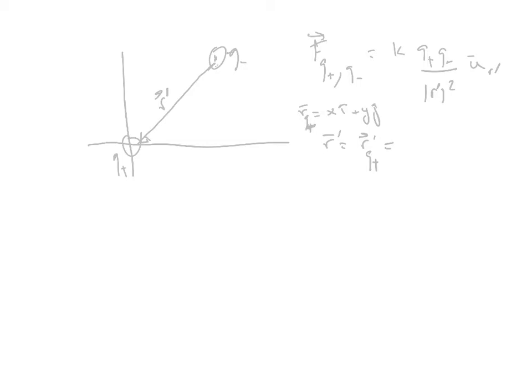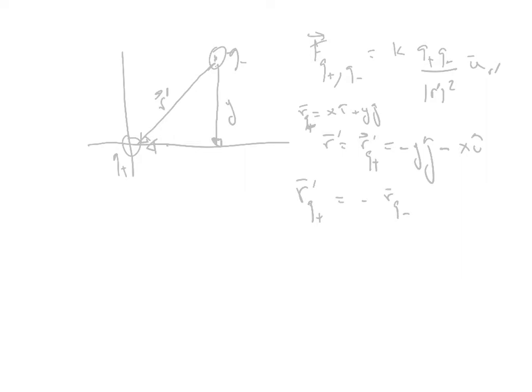R prime is this vector plus this vector. And what is this vector? Is the vector minus yj minus xi. So it's clear that R prime Q plus is minus R Q minus.